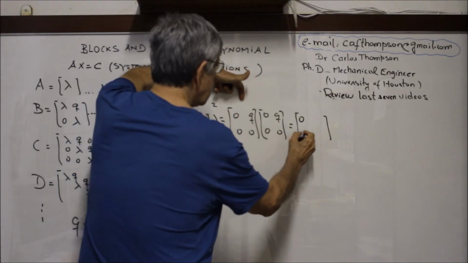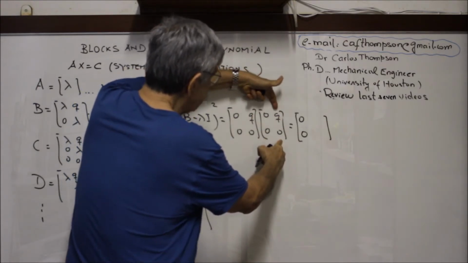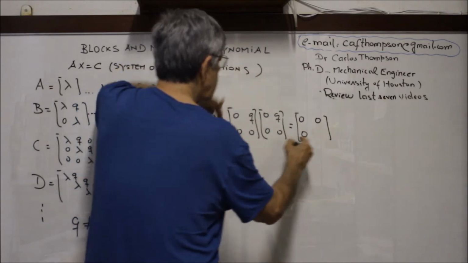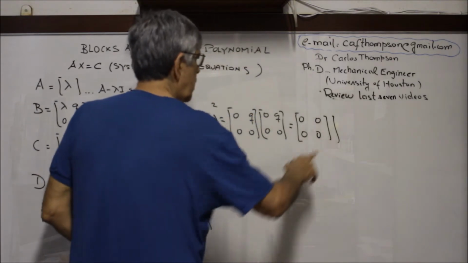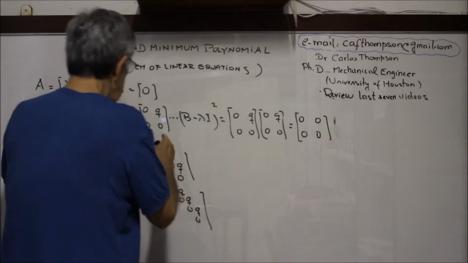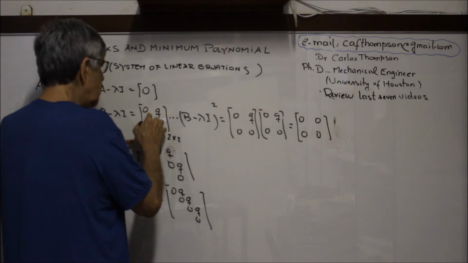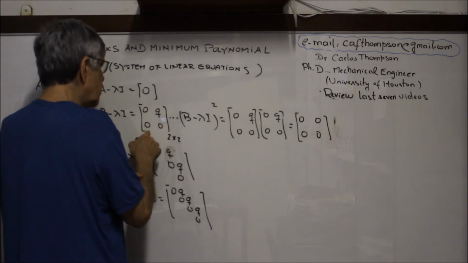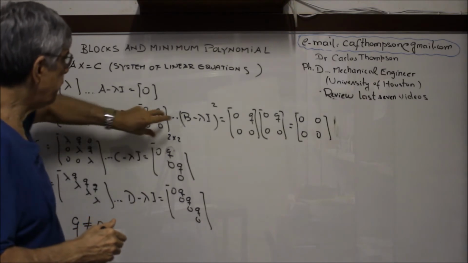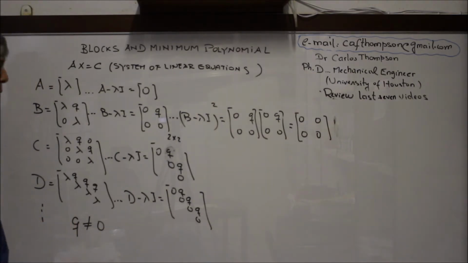Second row, second column, 0. First row, second column, 0 times Q plus Q times 0 is 0. Second row, second column is also 0. What you see here is this square matrix, 2 by 2, with 0, 0 in the diagonal and a real number Q, different from 0, here. If you square it, you're going to get matrix 0.